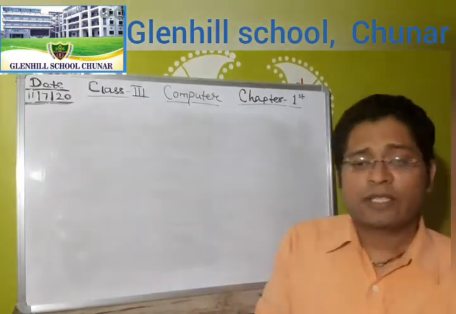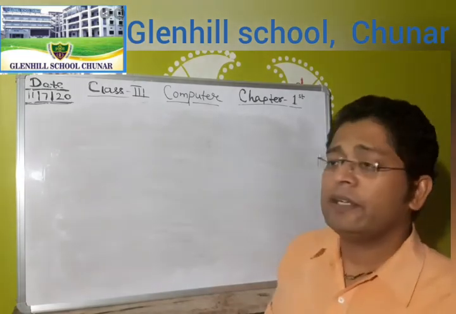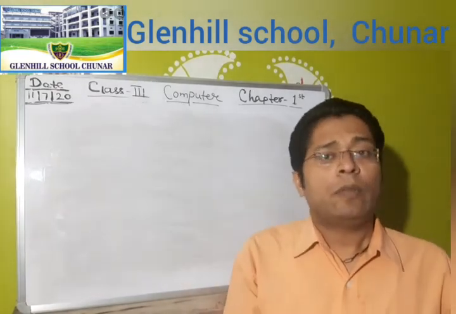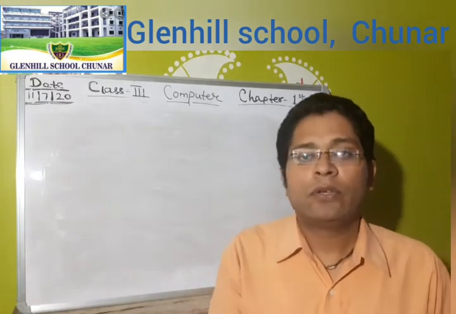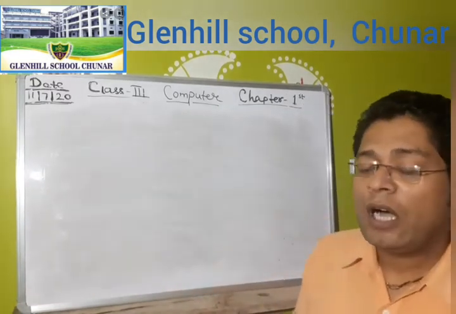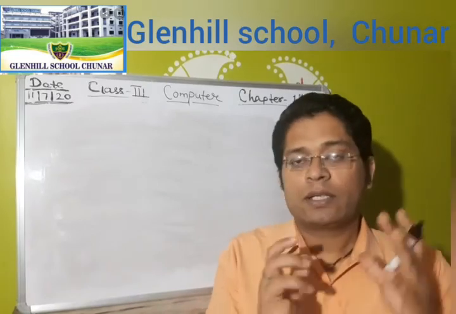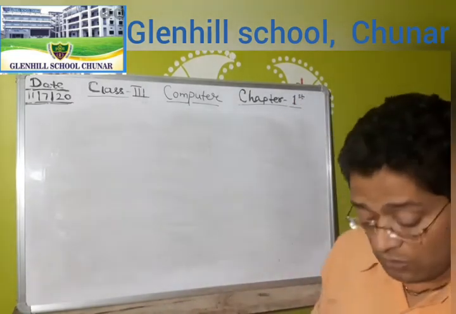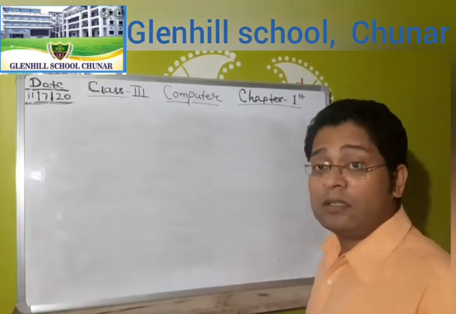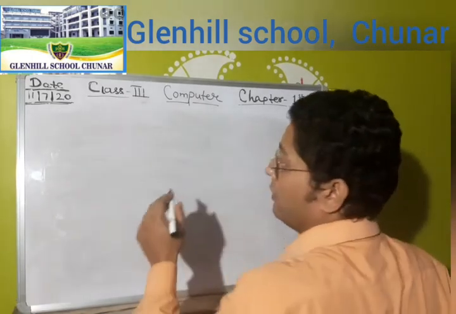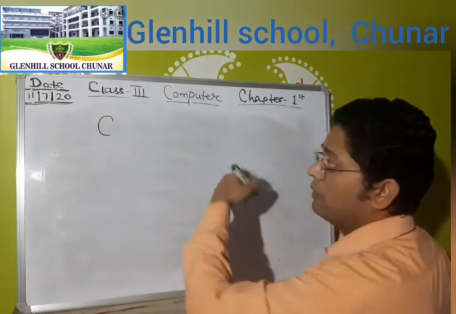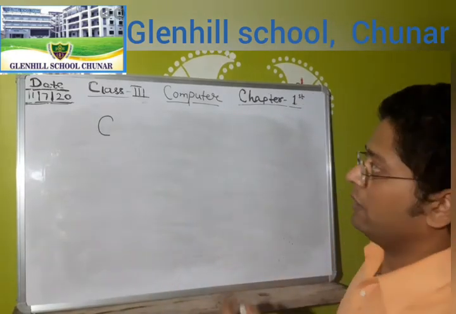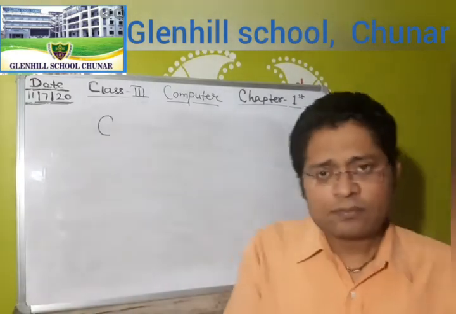So, yesterday I discussed with you about the computer, what is a computer, the full form of computer, and how it works. Okay, student, so you revised the topic yesterday at your home. Computer is an electronic device.